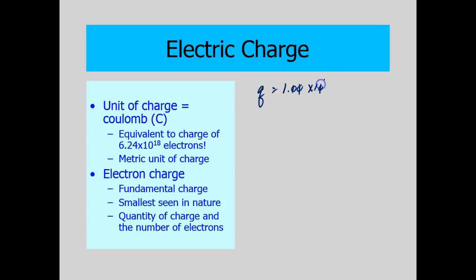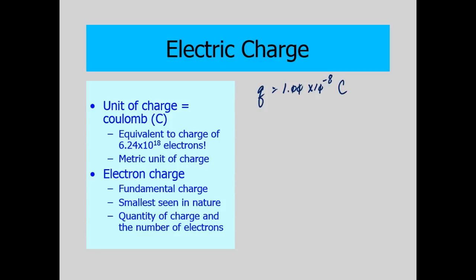Times 10 to the minus 8 coulombs. Capital C coulomb. The word coulomb is spelled with a small c. It always sort of confuses me. If you named it after somebody, you'd think the name would be capitalized, whether you capitalize the symbol or not. But no, they write the name with a little c, but then capitalize the symbol.